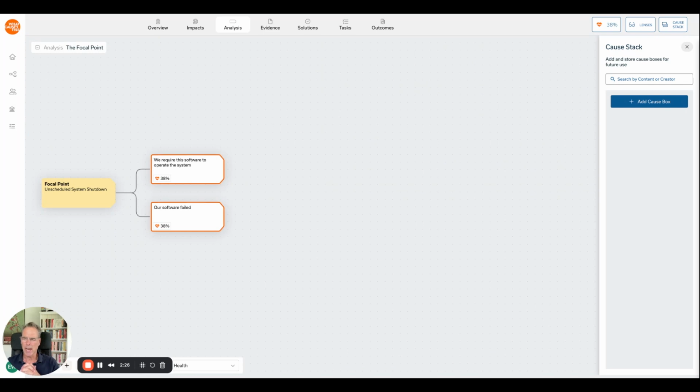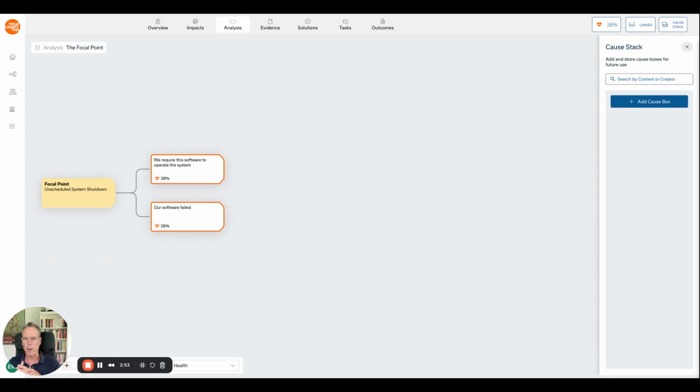We can see that my team at the moment have recognised that we had an unscheduled system shutdown in this particular scenario because our software failed, and we require that specific software to operate the system. And with a focal point of unscheduled system shutdown, that's probably a fairly comprehensive starting place. The investigation would follow those two branches from there.